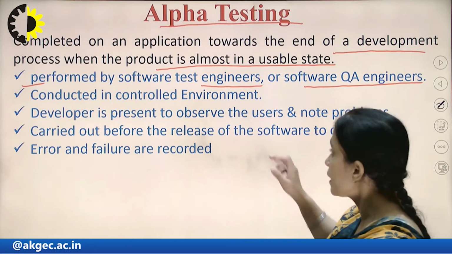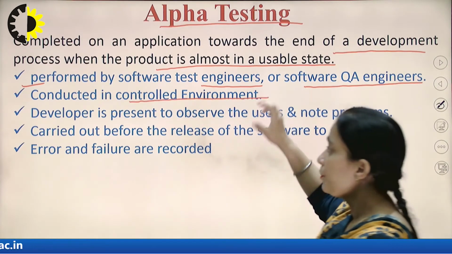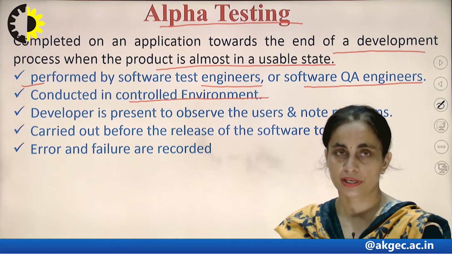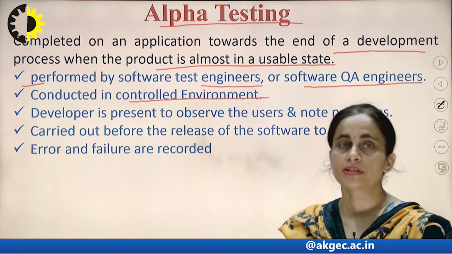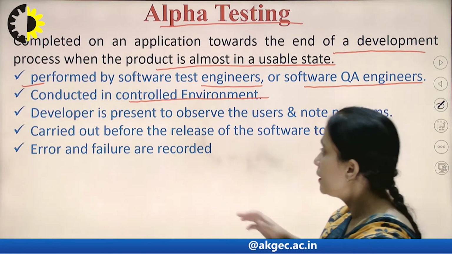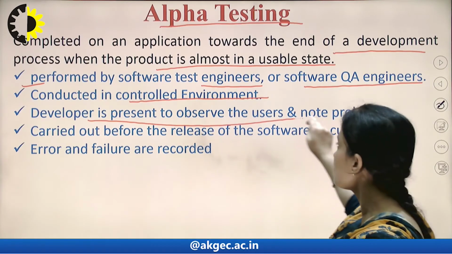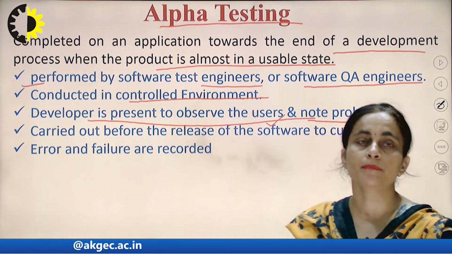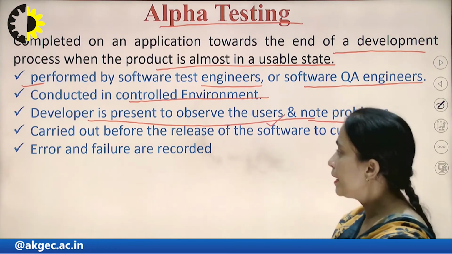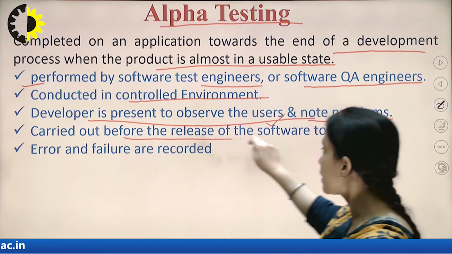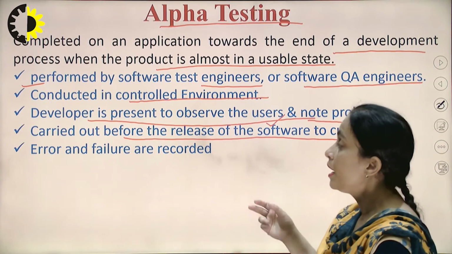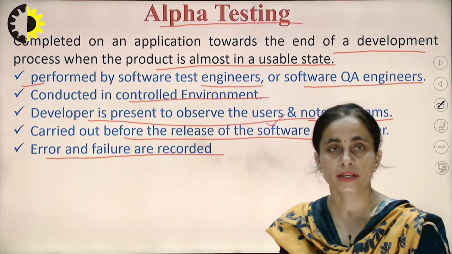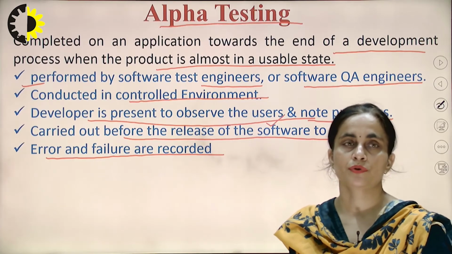It is conducted in a controlled environment. We know which type of values we will give as input and which type of output we should get. The developer is present to observe the users and is aware of all the problems that arise. It is carried out before the release of the software to customers, and in this testing all the errors and failures are recorded and noted, and then we proceed further.